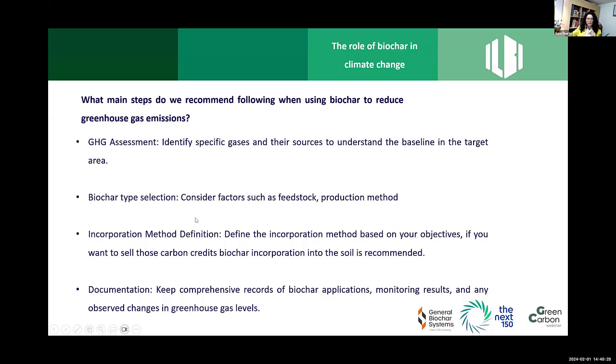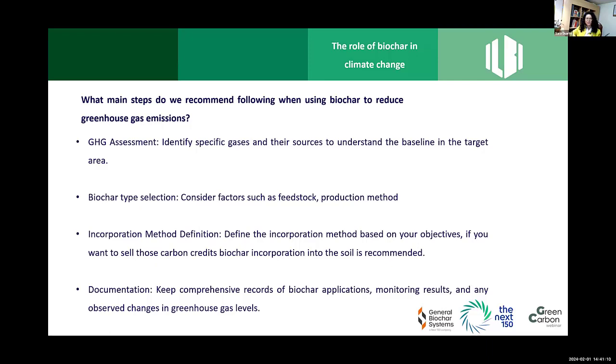This is really important because the methodologies, for example, Pure Earth and Verra, for carbon reduction, greenhouse gas emission reduction, and also for selling those credits, recommend that your H/C ratio must be below 0.7 in order for the biochar to remain in the soil for at least 100 years. So, of course, the lower your H/C ratio, the higher the permanence of your biochar in your soil.